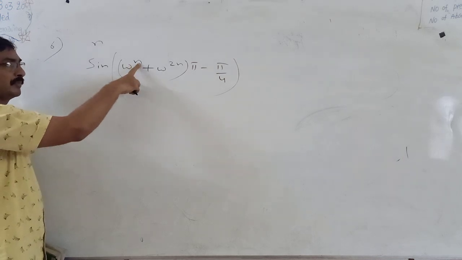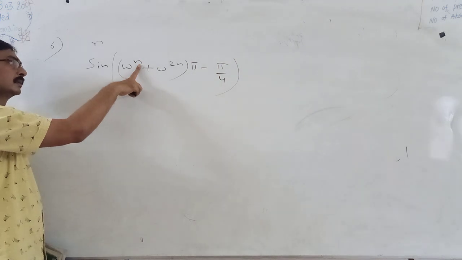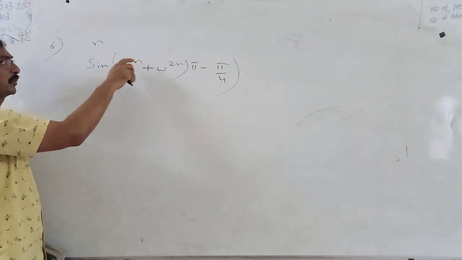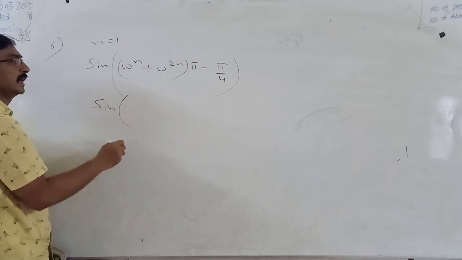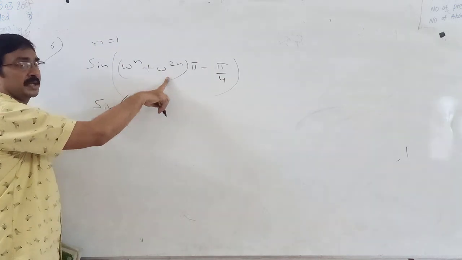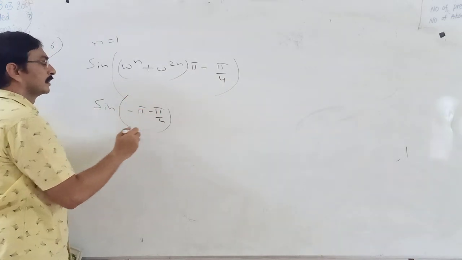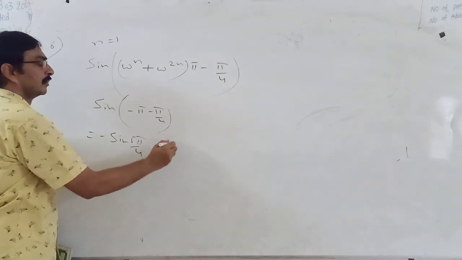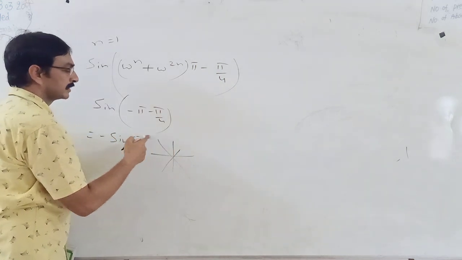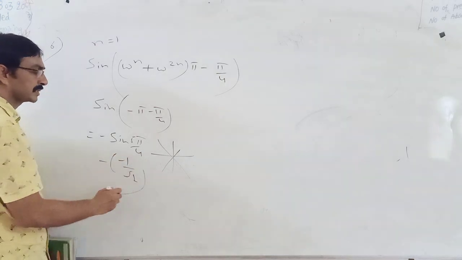The answer is independent of n, so we can replace n with any value that is not a multiple of 3. I am assuming n equal to 1. So sin of (omega plus omega square) minus pi by 4, which is sin of (minus 1 minus pi by 4). Therefore minus sin of pi by 4 pi, 1 3 5, is in the third quadrant, so negative. Therefore minus of minus 1 by root 3.